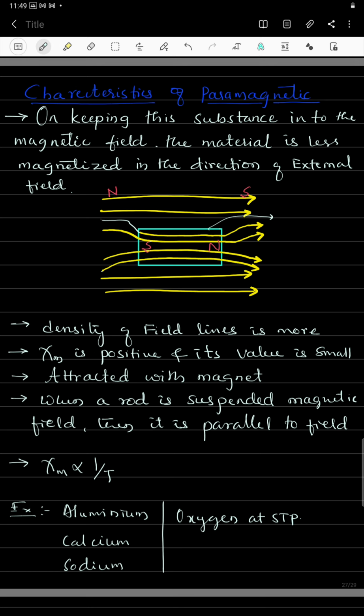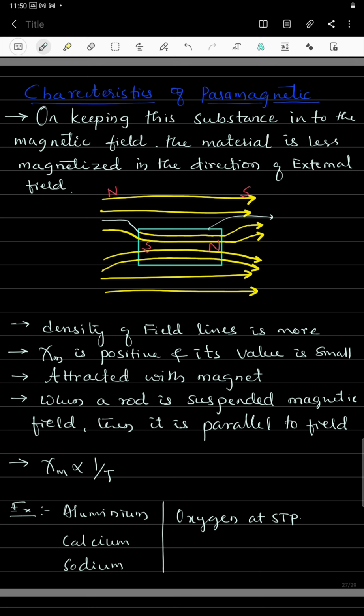Whenever we apply the magnetic field to that material, the alignment of that material is parallel to the magnetic field.